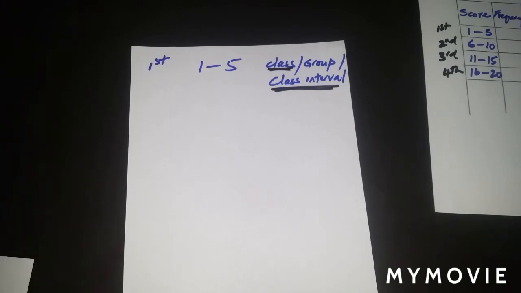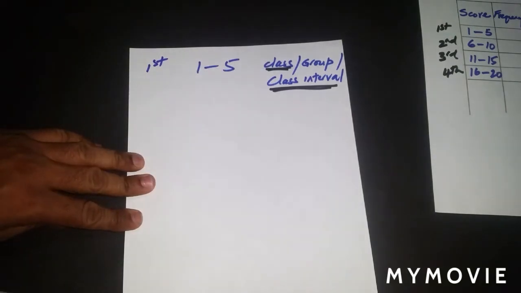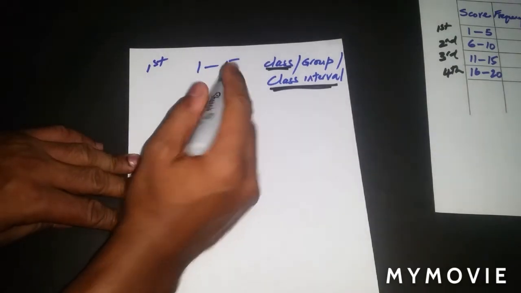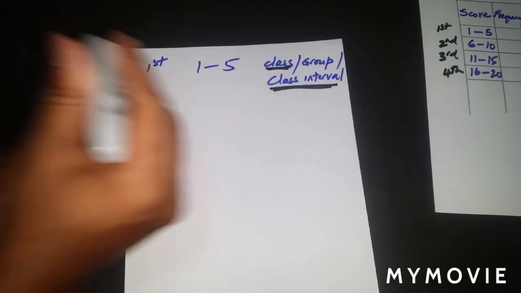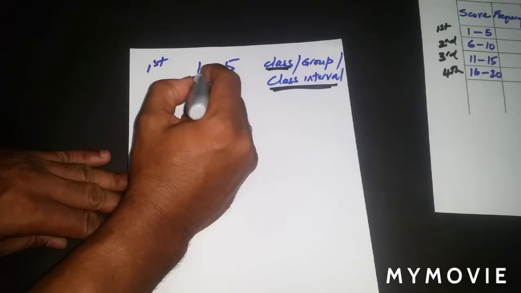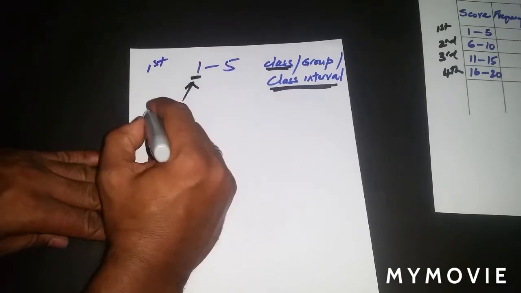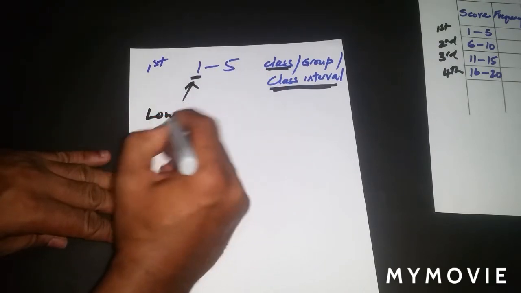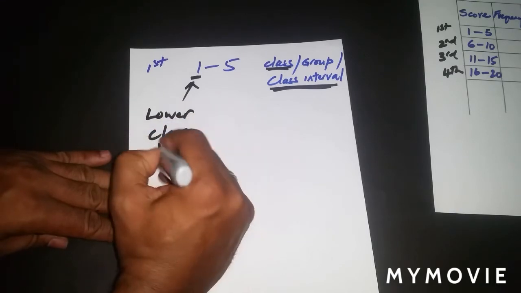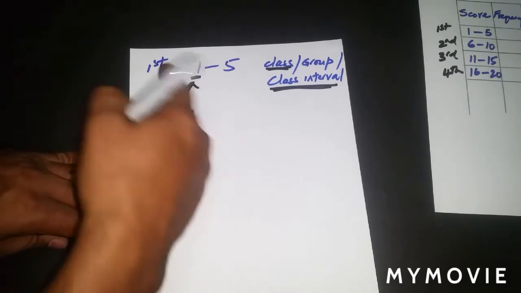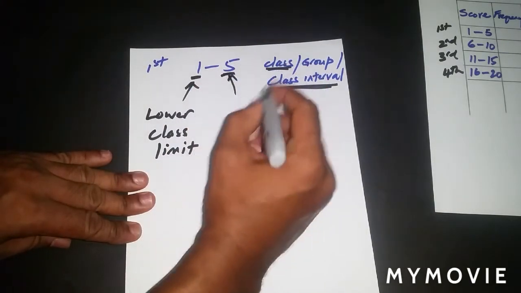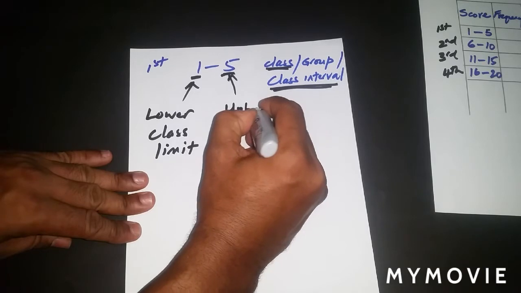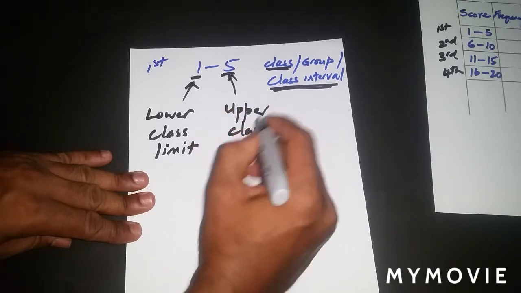Now, the next thing I want to focus on for this first class here is what we call class limits. Now, this one here would be the lower class limit. So 1 would be the lower class limit for this class, and 5 would be the upper class limit.